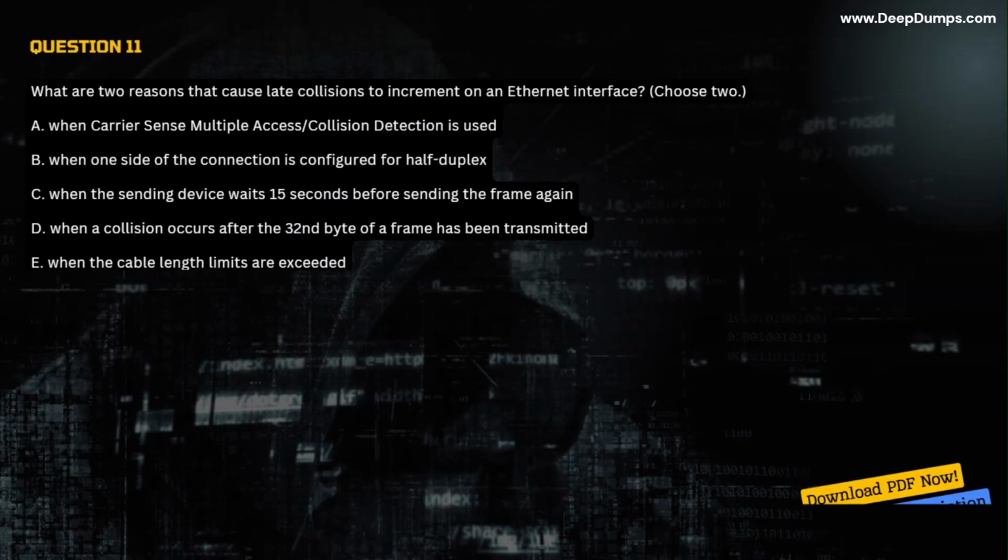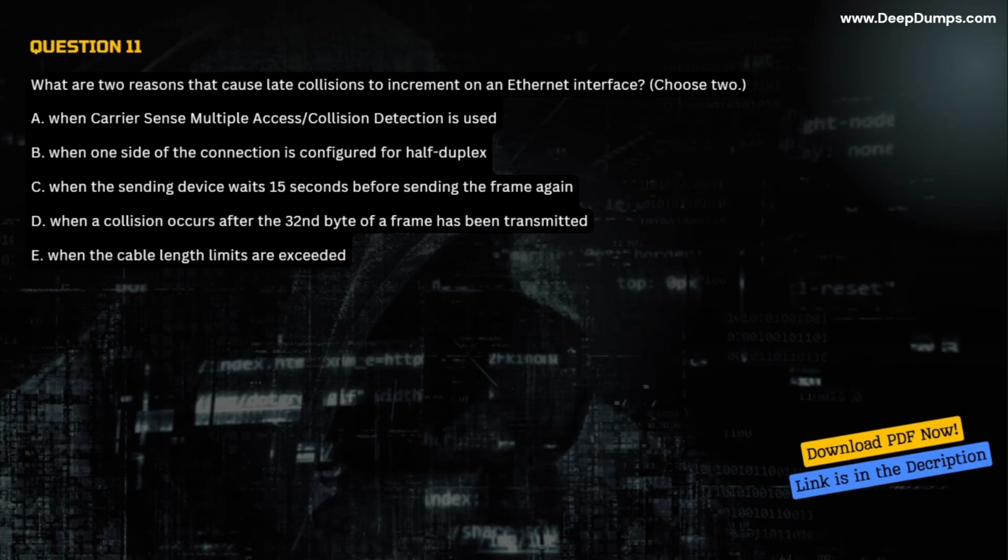Question 11. What are two reasons that cause late collisions to increment on an Ethernet interface? Choose 2. A. When carrier sense multiple access/collision detection is used. B. When one side of the connection is configured for half duplex. C. When the sending device waits 15 seconds before sending the frame again.